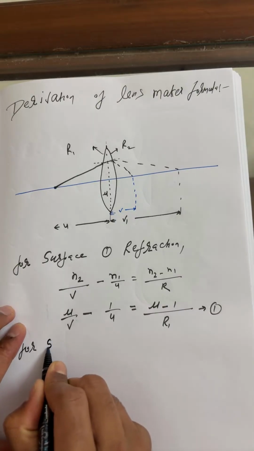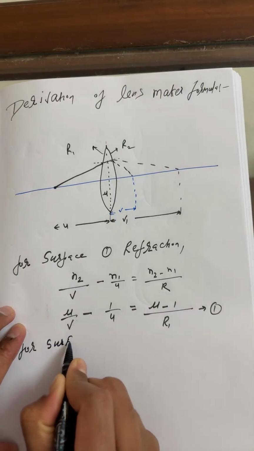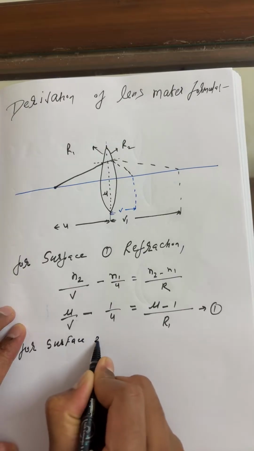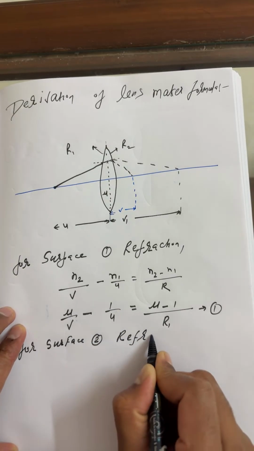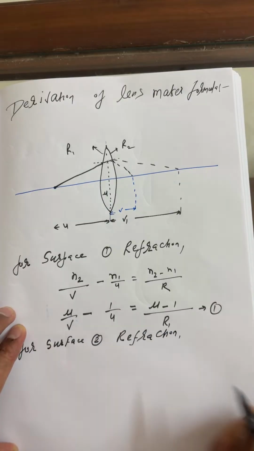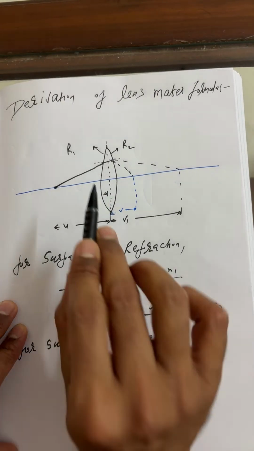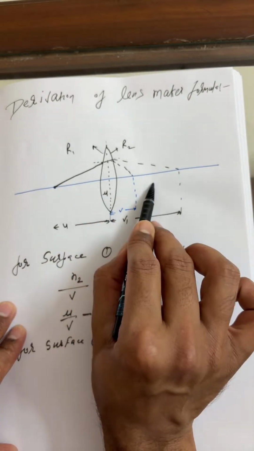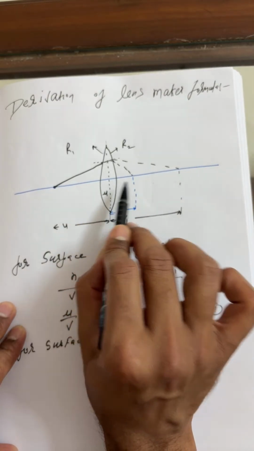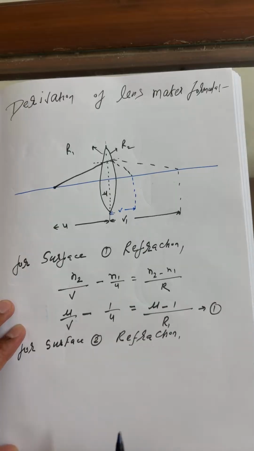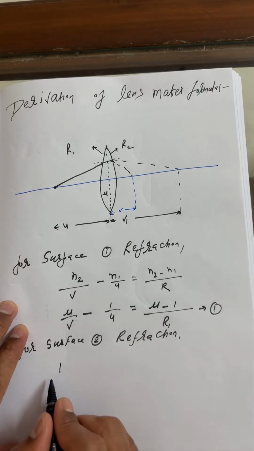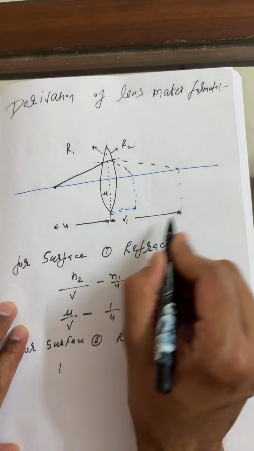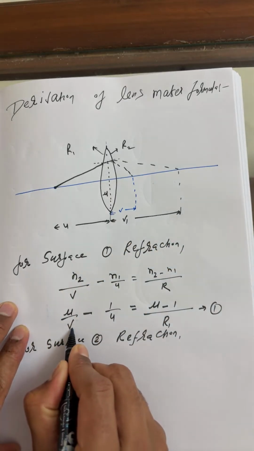Now, students, I'm going to apply refraction at surface 2. For surface 2, the ray is now moving from here to here. Keep in mind, this is 1, this is 2. Here I can see the formation of the image.